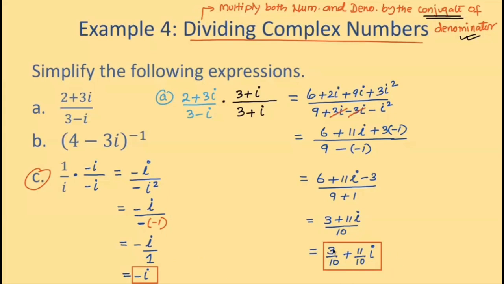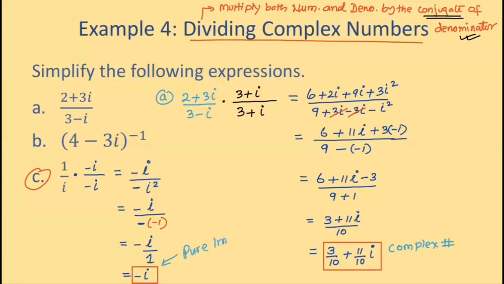Now see, the first answer has a plus bi form, so definitely that is a complex number. And you can see that this one involved only i. I told you, if the number involves only i, that is a pure imaginary number.